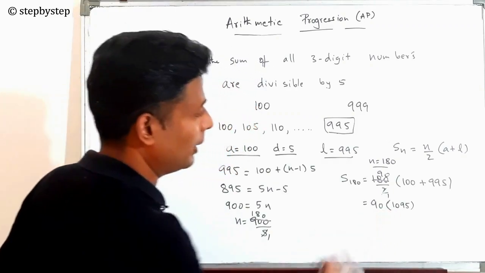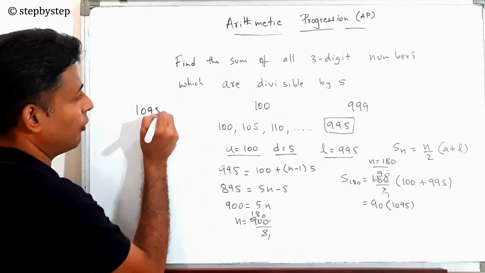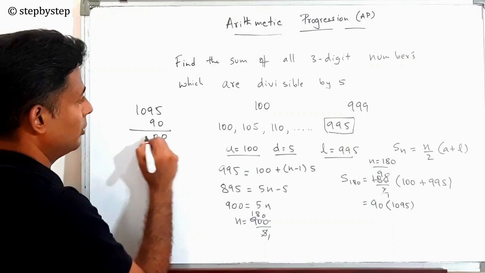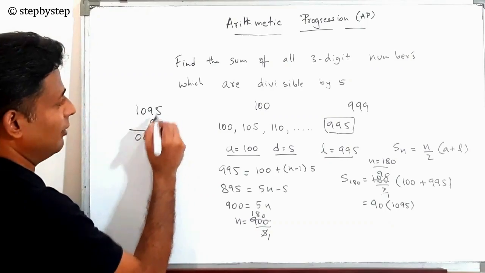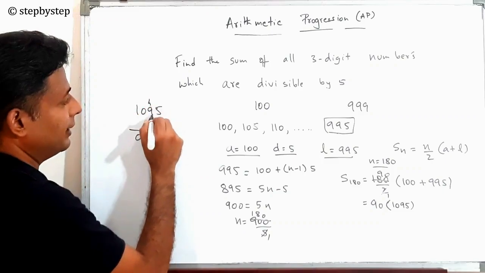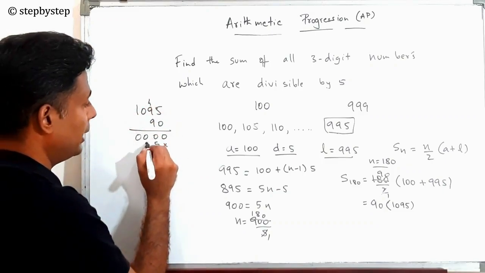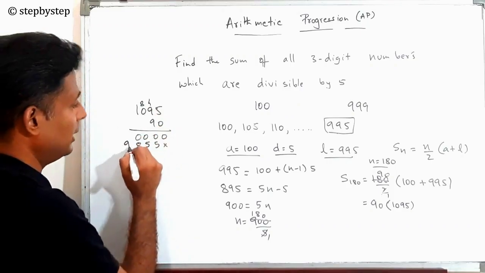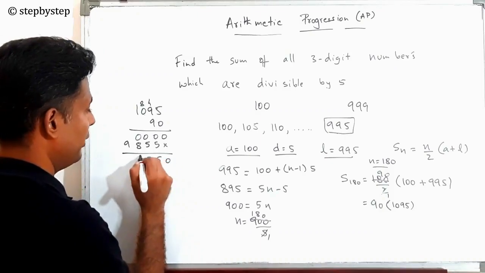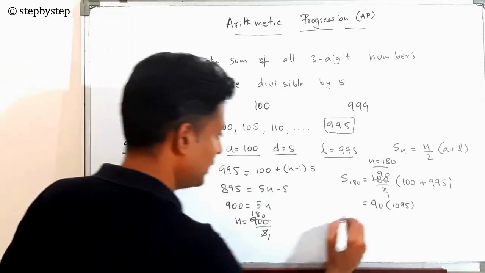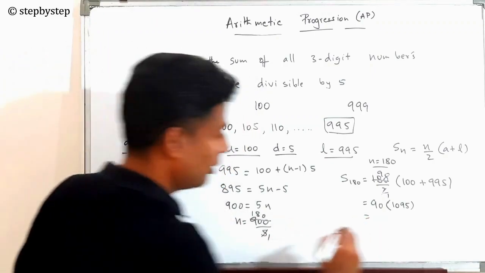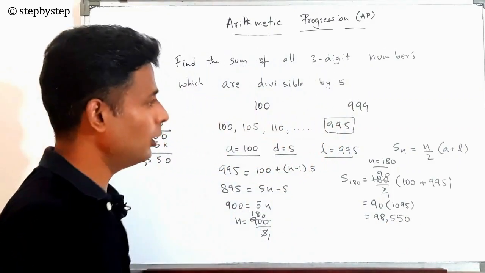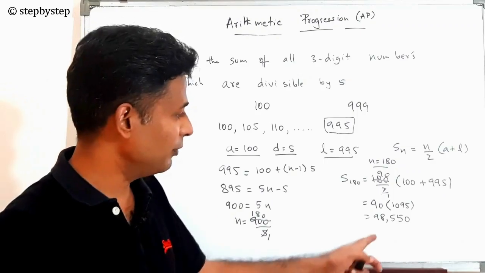Now we just need to multiply these two. 1095 into 90. 9 5s are 45. 9 9s are 81, plus 4, 85. 9 zeros are 0 plus 8, 8. 9 1s are 9. So 98,550. So what is the answer? The sum of all 3-digit numbers divisible by 5 is 98,550.